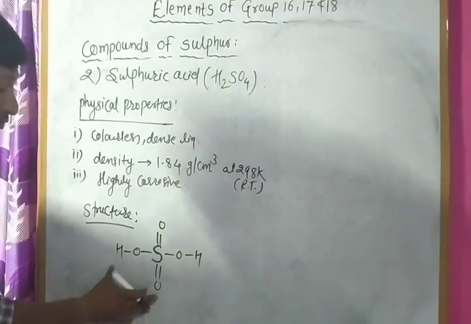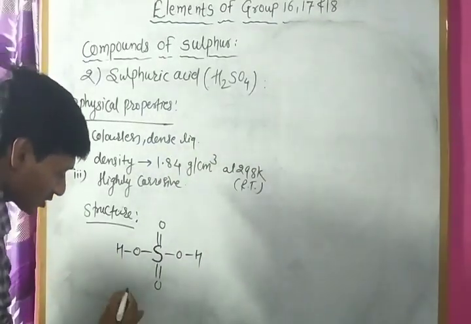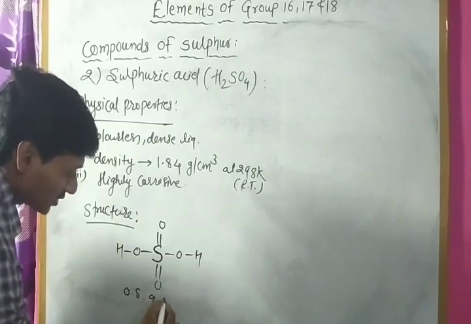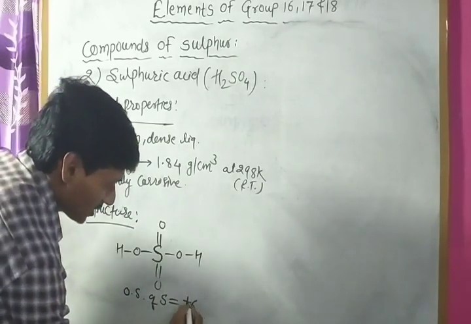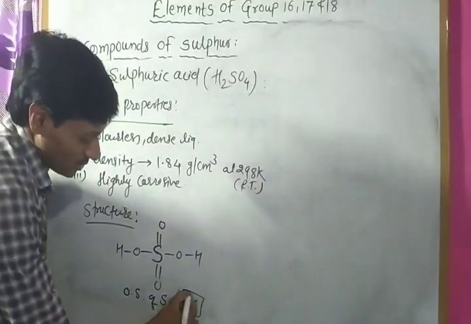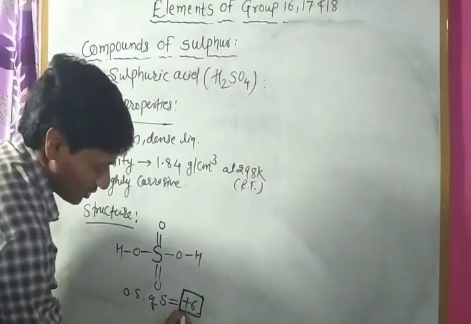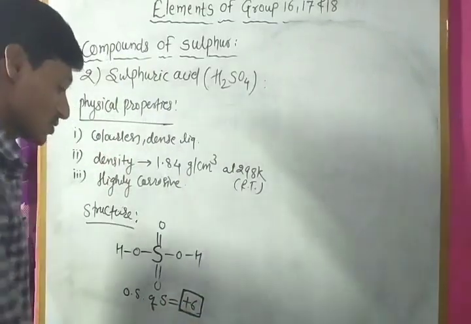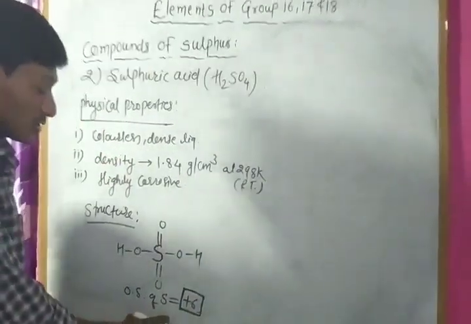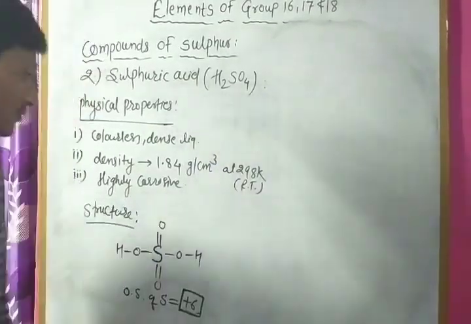This is the structure of H2SO4, in which the oxidation state of sulfur is +6. Why is the oxidation state of sulfur +6? You can see the video in which we discuss the oxo acids of sulfur.